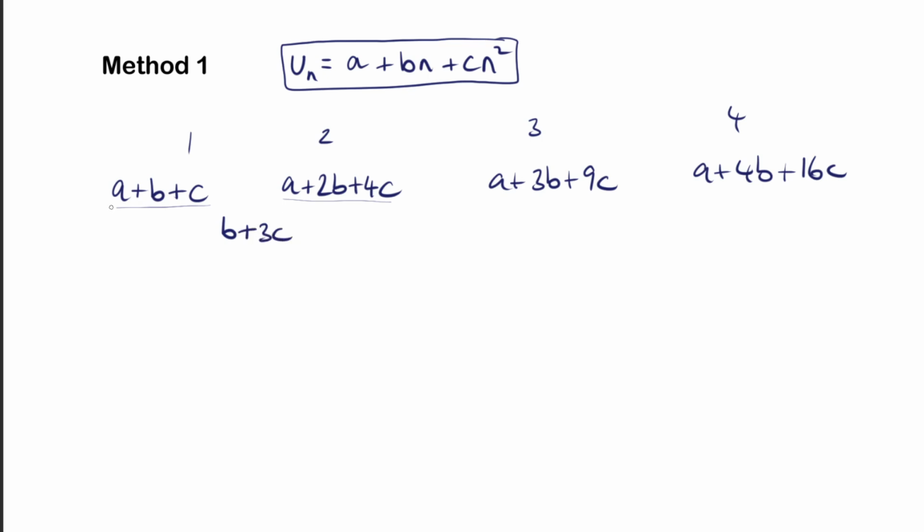If you do this plus this, it obviously has to give you the second term, so that works. Now what's the difference between the second and third terms? It's also a b, and then we need 5c. And then from the third to the fourth, we need an extra b, and we need 7c. So that's the first differences.